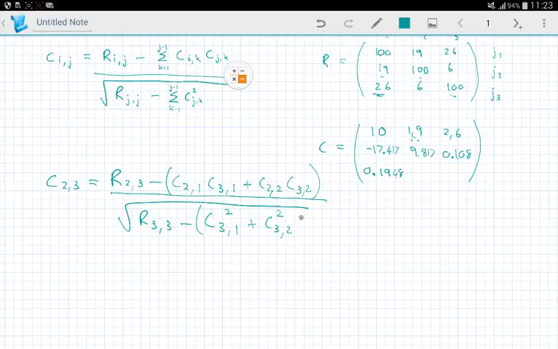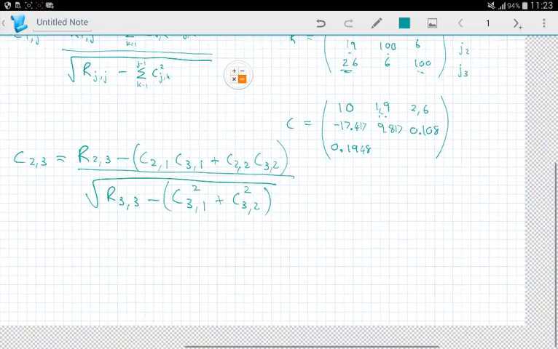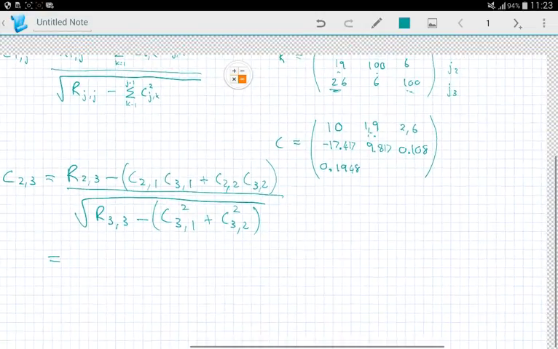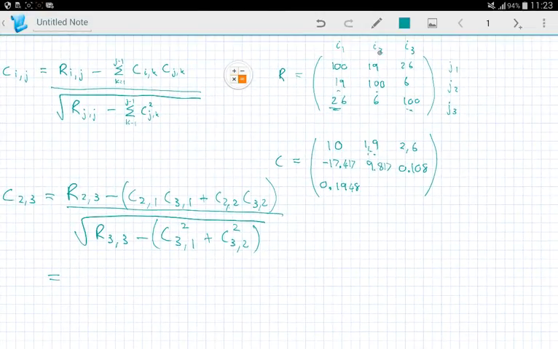Very much don't want to stuff this up. Okay, R2,3. R2,3 is that one over there.